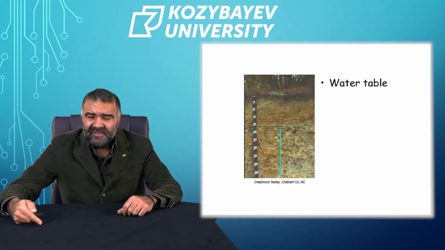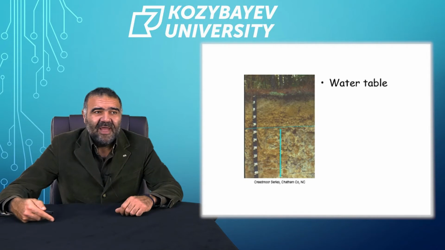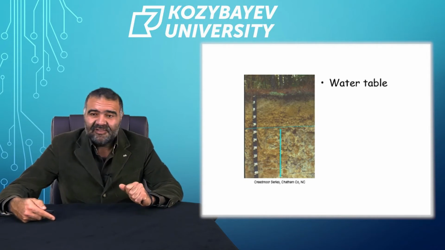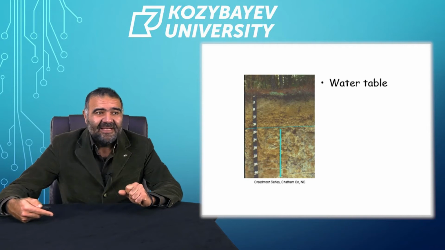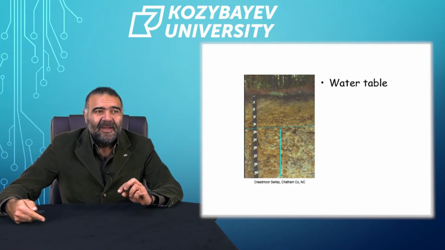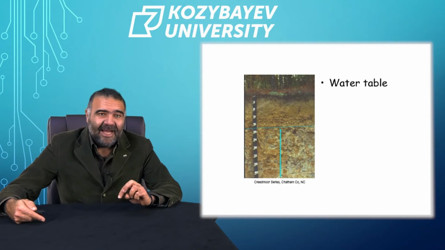Also, the color of the soil could be affected by the status of the iron. In this case, for example, when we have a water-affected soil, staying saturated by water for a long period, the hematite or the iron oxides and also aluminum oxides are going to change color because of the anaerobic condition, where there is no oxygen.